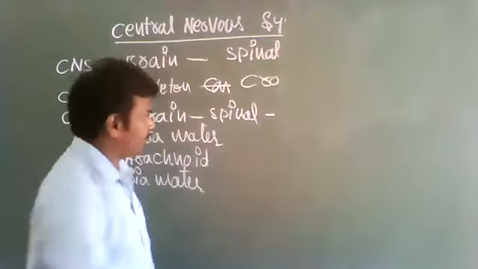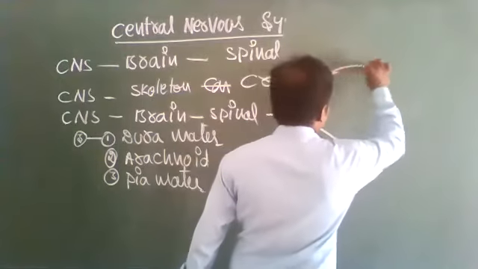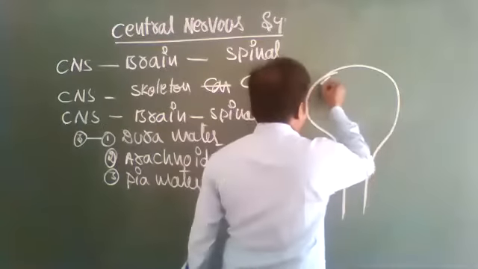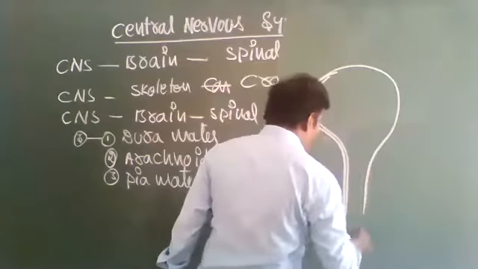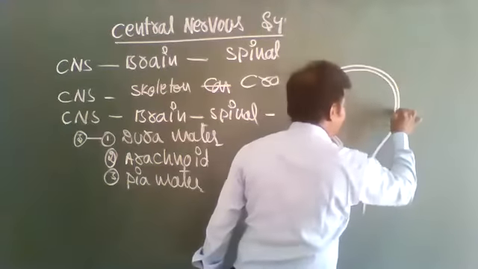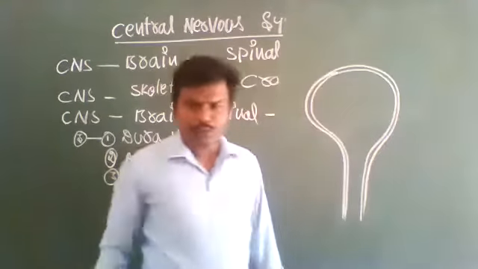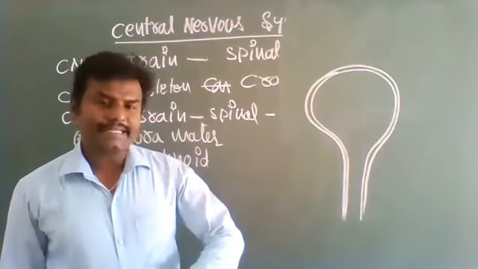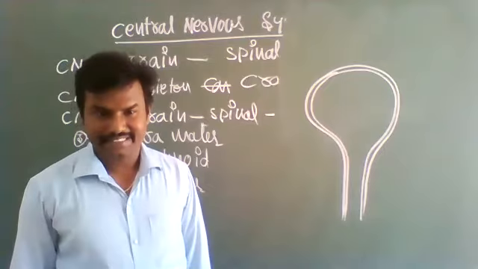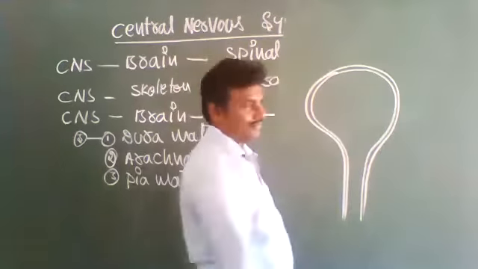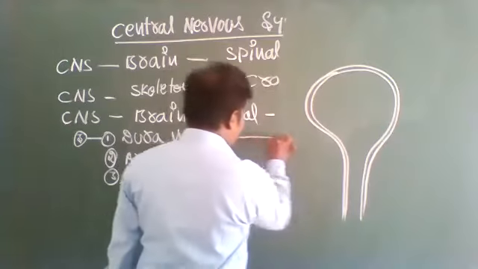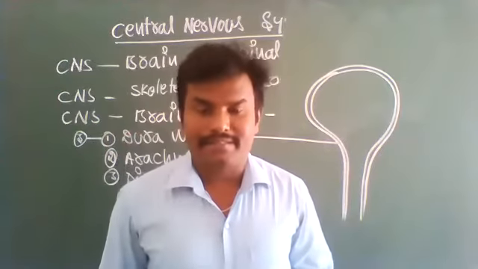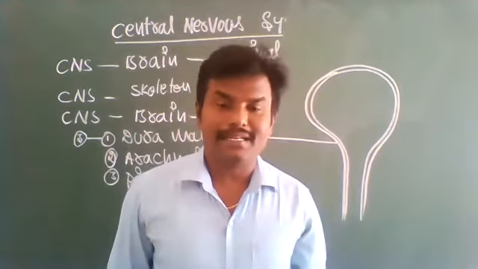The tissue which is connected outside to the skeleton and inside to the brain and spinal cord is called dura mater.